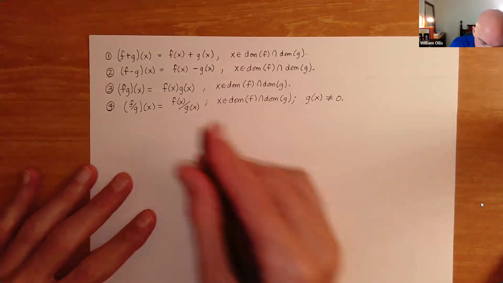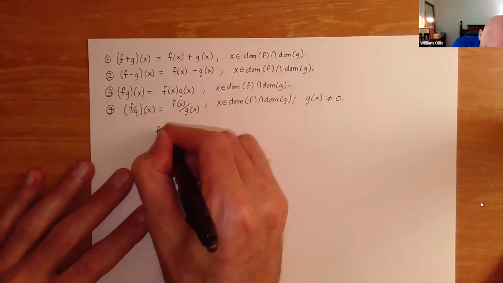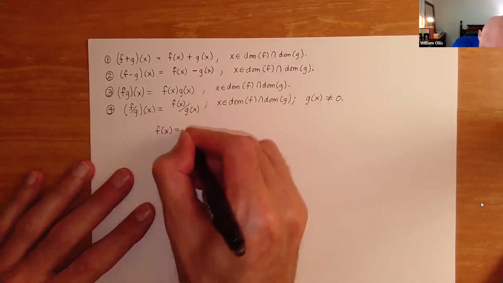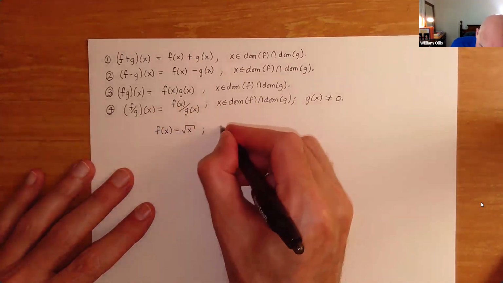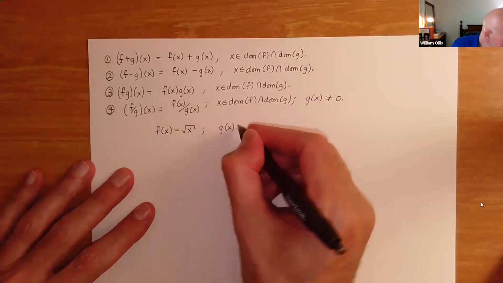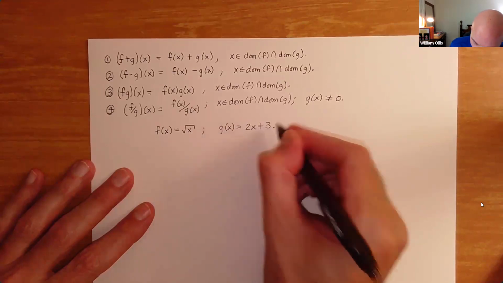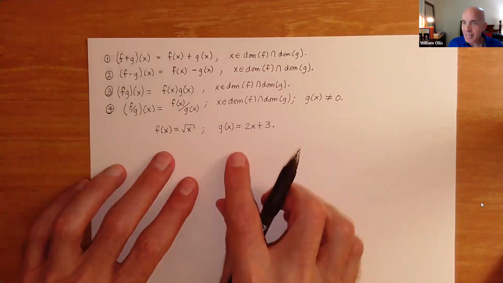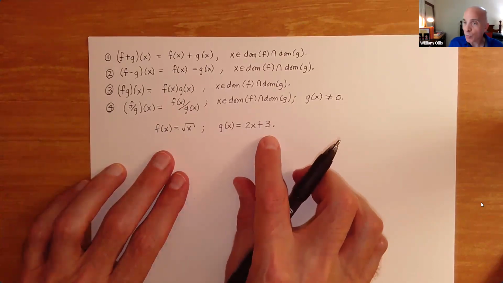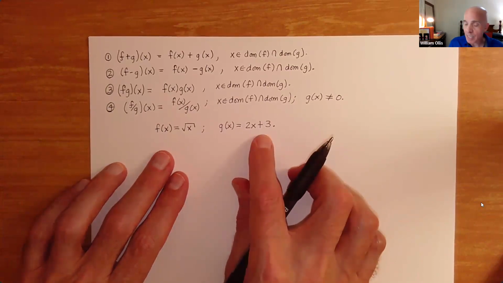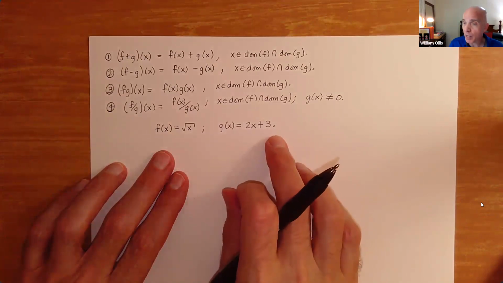So for instance, let's just take a simple example here. Say we had f of x equals the square root of x, and we had g of x equals a very simple polynomial, 2x plus 3. Now, of course, the idea here is that when we consider the two domains, one is all real numbers, because it would not make any difference as to what input we use for g, because this is simply a first degree polynomial in x.